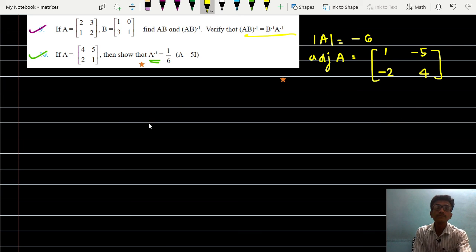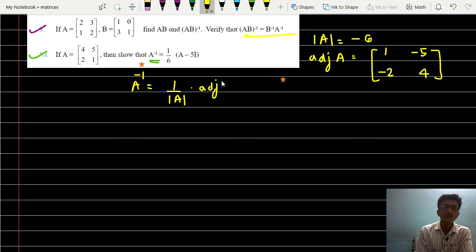फिर इसके बाद A inverse, that is equal to what? 1 by determinant of A into adjoint of A, which is 1 upon minus 6. Adjoint of A is equal to what? 1, minus 5, minus 2, 4.